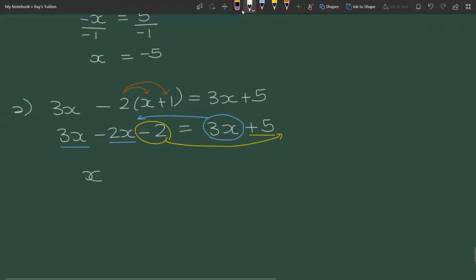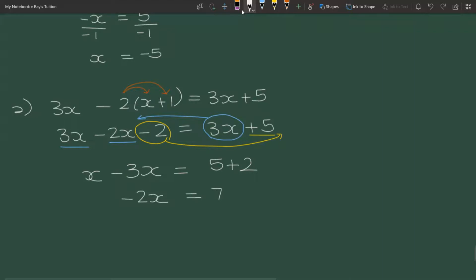And then taking this 3x over, we get minus 3x is equal to this positive 5. It stays positive, and when we take the 2 over, the -2 becomes positive. So x minus 3x is minus 2x, and 5 plus 2 is 7.